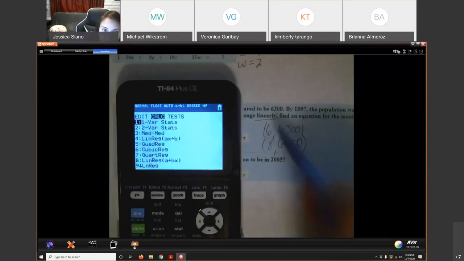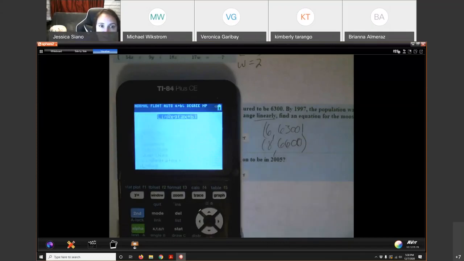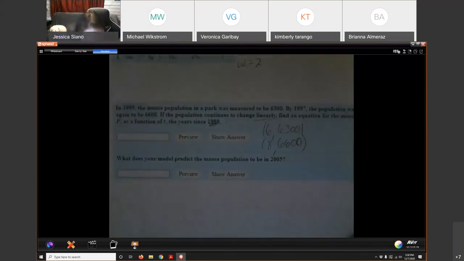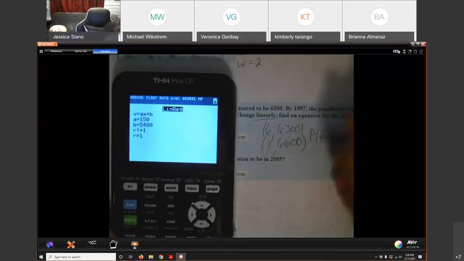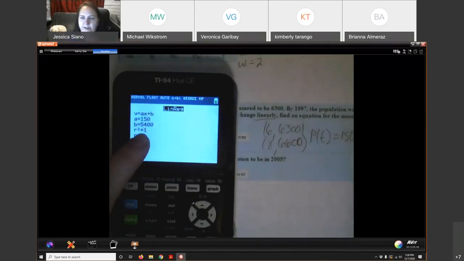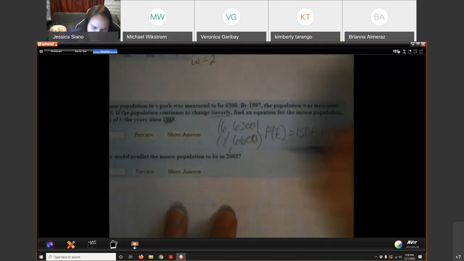This is linear, so we'll do linear regression. And then that means that we have P of T equals 150T plus 5,400. And that is my equation.